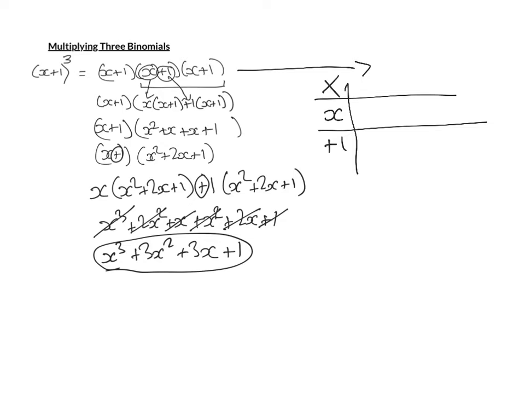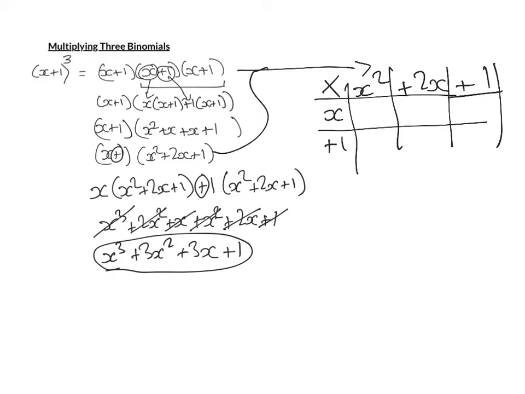I have, where's it gone? Oops, it's there actually. X squared, I have the plus 2x, and I have the plus 1. So that is going to give me 6 multiplications. So that's good straight away, because I know I'm going to do 6. Whereas if you do the other method, and especially if you use that abhorrent FOIL method, it's often very easy, as it becomes more complicated, to miss certain multiplications.